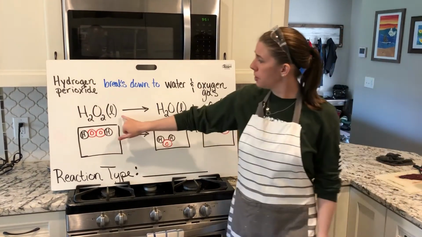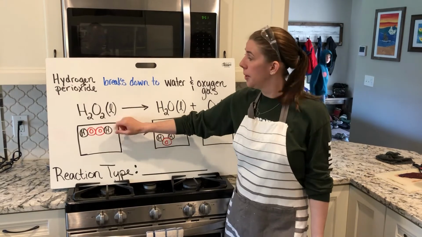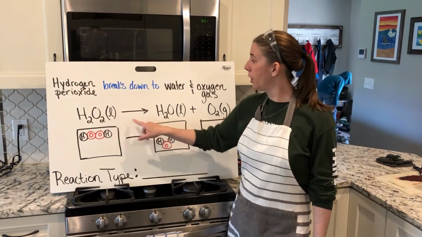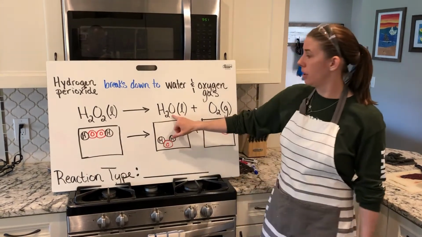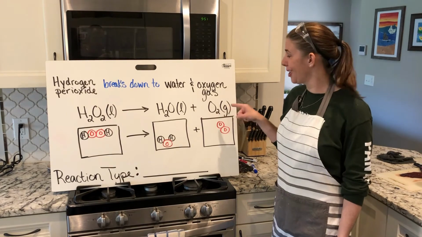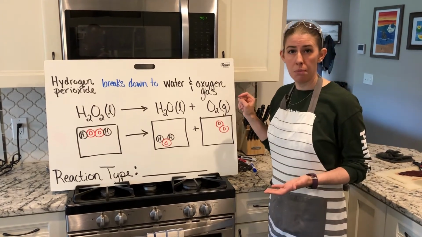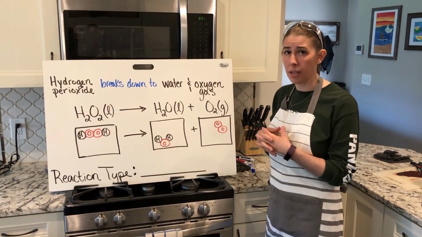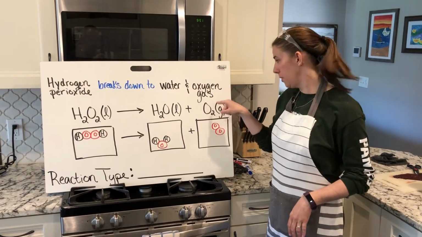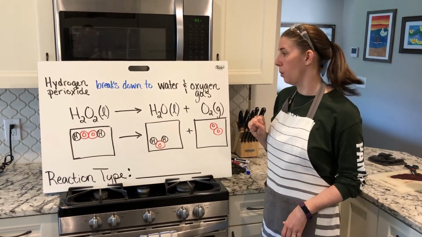So here's what we call a skeleton equation. H2O2, which is a liquid, breaks down into water, H2O, which is also a liquid, and O2, which is a gas. We talked about oxygen being one of the 7 diatomic elements that comes in pairs. So that's why I drew the 2 with the subscript there for the O.